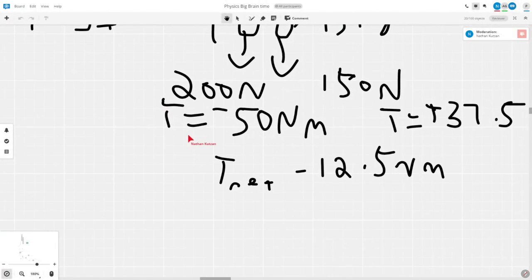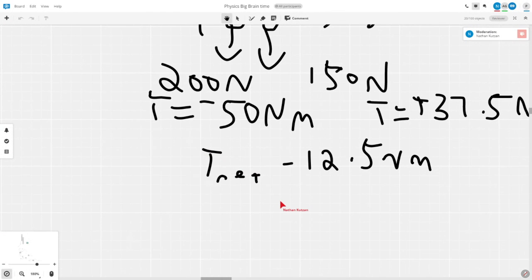So finally, we have our net torque. And if we go to the physics equation sheet, let me figure out where it is on here. If you look right above the torque equation, it tells you that angular acceleration is equal to net torque over rotational inertia, or I, right?